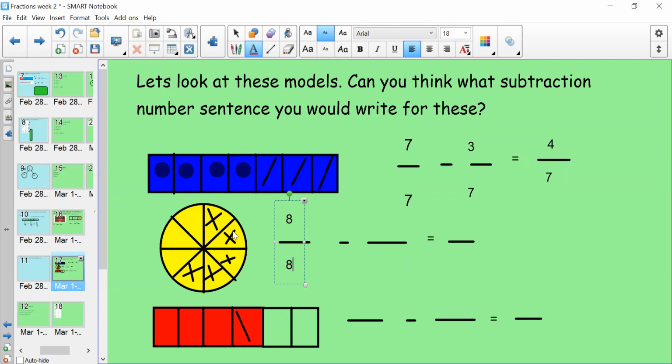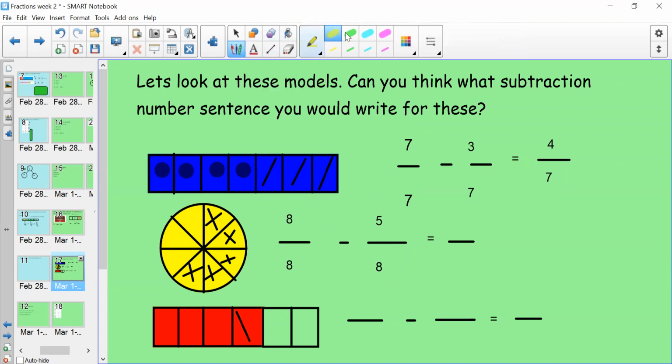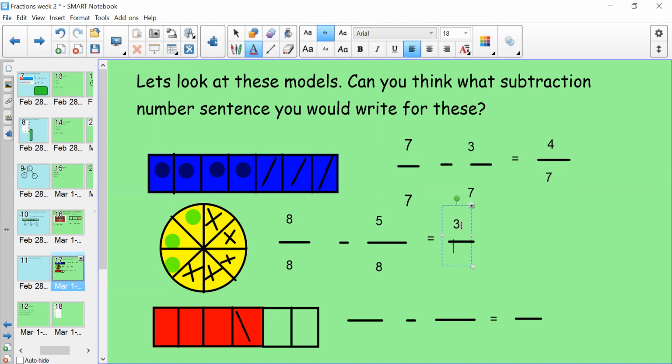So we can count 1/8, 2/8, 3/8, 4/8, 5/8. So we're subtracting 5/8. And then we can see that what is left is 1/8, 2/8, 3/8. And again, 8 take away 5 is 3. And then the denominator stays the same.